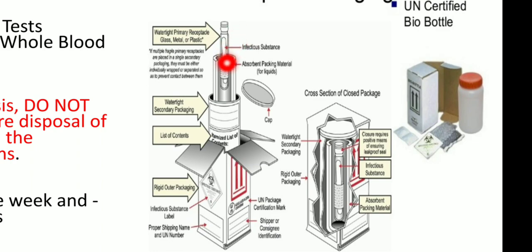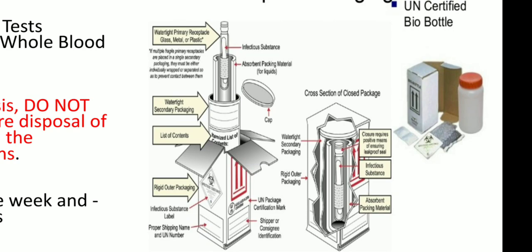This primary receptacle must be sealed in a plastic or Ziploc bag before it is put into a secondary receptacle or a leak-proof container. The secondary packaging is a durable, watertight, leak-proof packaging system to enclose and protect the primary receptacle.